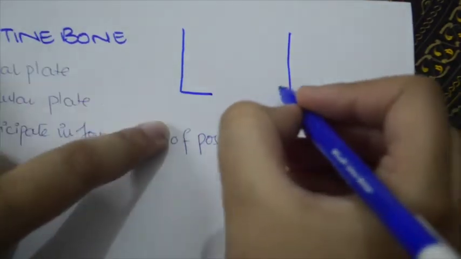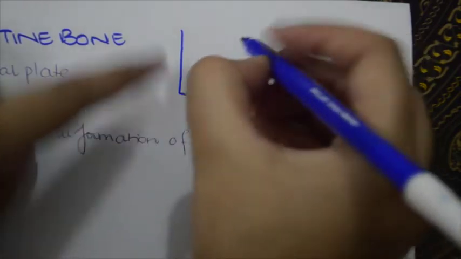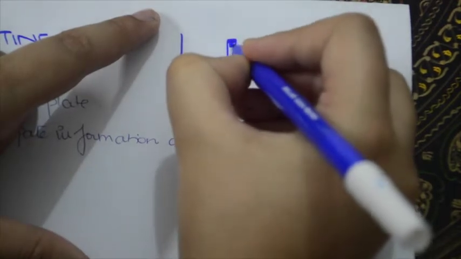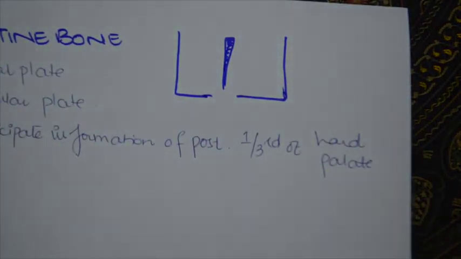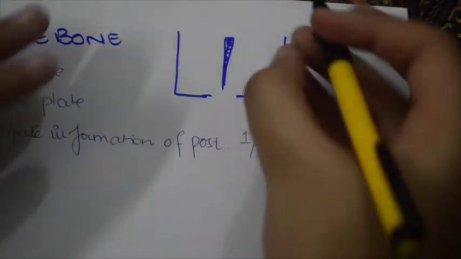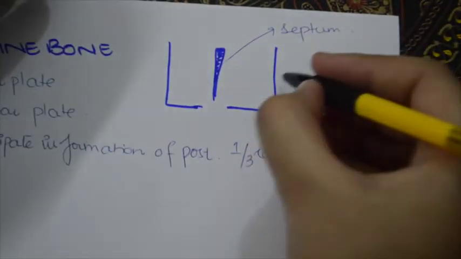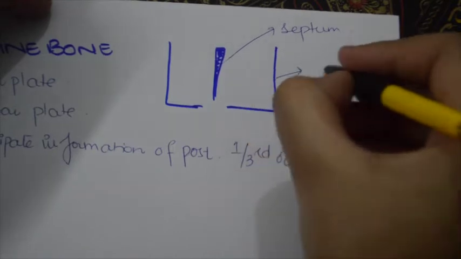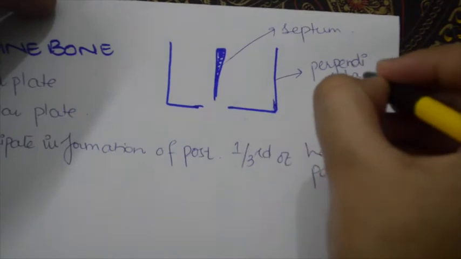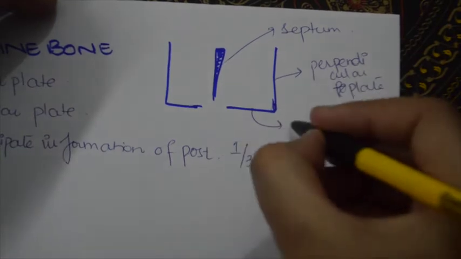These are two L's. The thing I made in the middle is the septum. This is the perpendicular part of the palatine bone, and this is the horizontal plate.